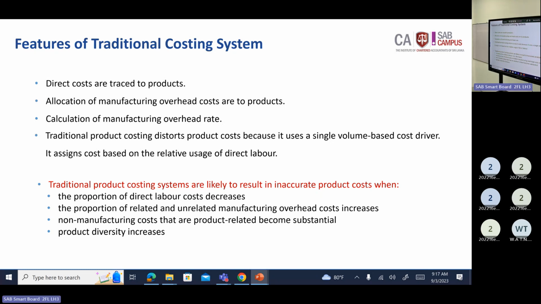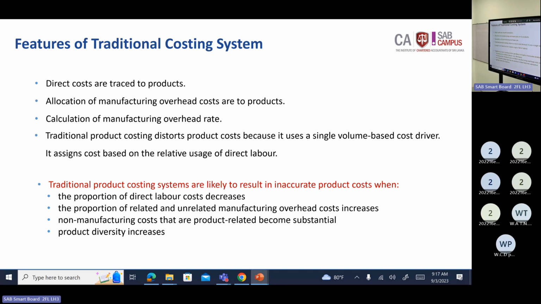So some kind of approximate allocation of overhead is sufficient, right? That won't affect the total cost significantly because 80% of the total cost of a product is direct material and so on. Nowadays, with sophisticated manufacturing facilities, we are incurring huge overhead costs. So within the total cost, significant components become overhead.